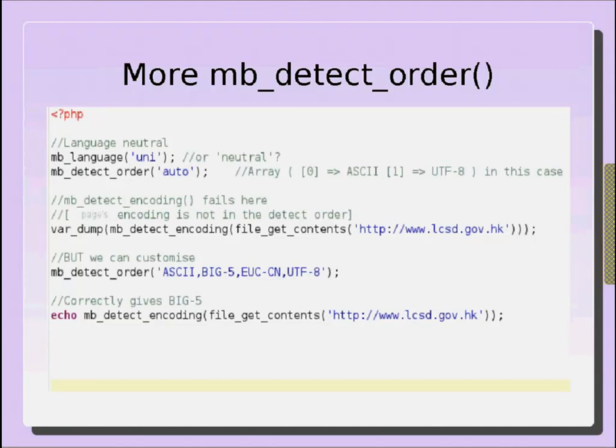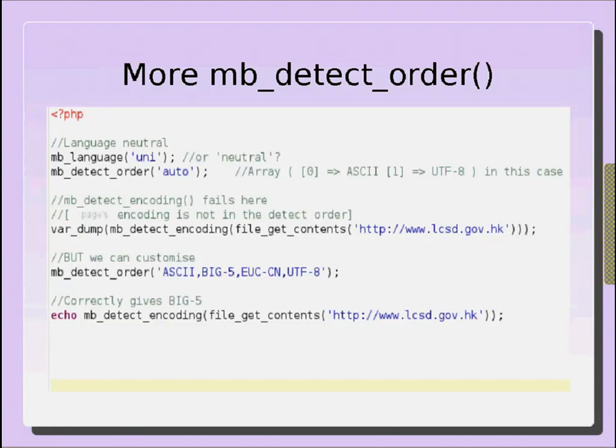That doesn't sound very useful, does it? But we can customize the list. With this function, mb_detect_order, we can pass in a list of character sets that we would expect to find when we're detecting. You can see I've expanded it.